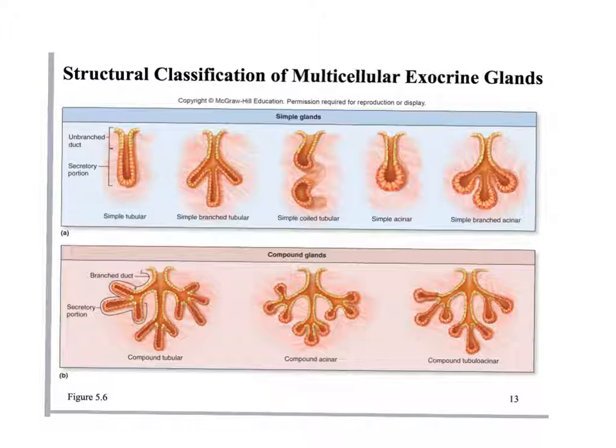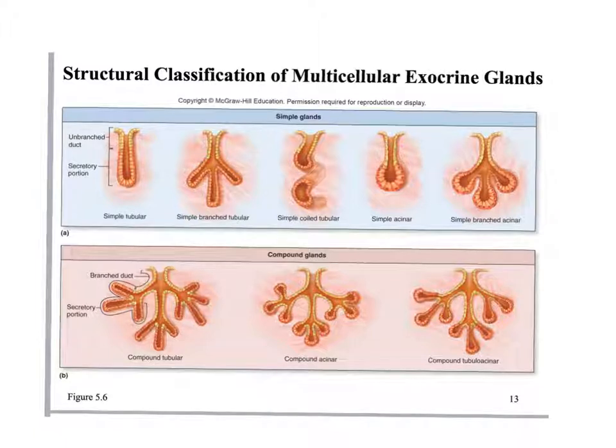It's coiled up, but along the tube you produce the secretion, which eventually gets out of the body. In a simple acinar gland you have the acinus, no tube, and a very short duct. Then you have the branched acinar, with multiple branches each connected to a short duct.